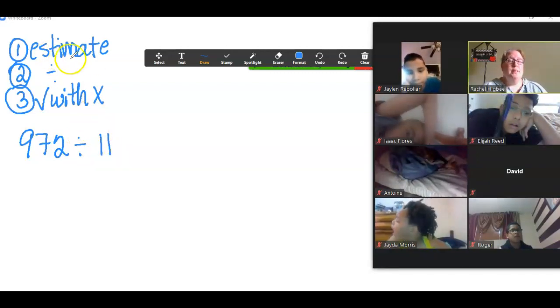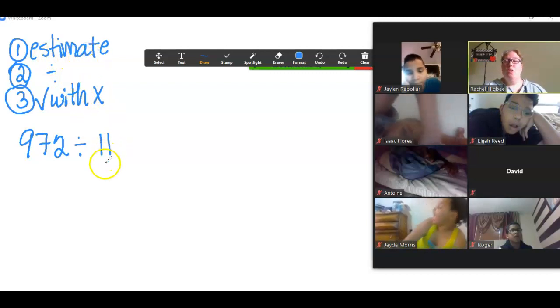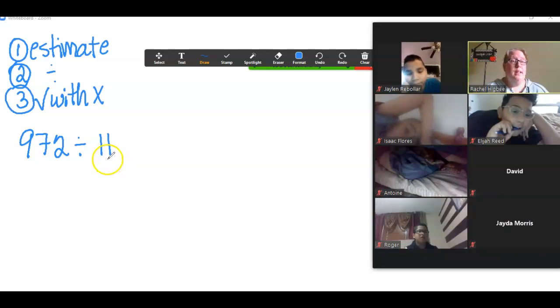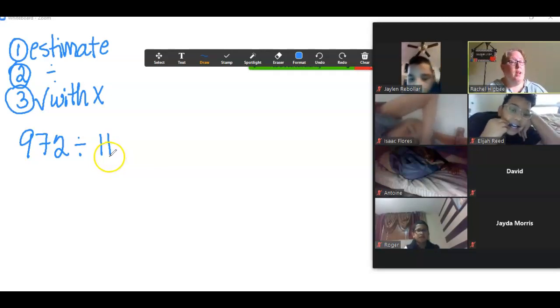So the first thing we want to do is estimate. Now, we have a choice here. 11 is on our multiplication chart. So if we want, we can keep the 11 or we can round it to 10. Which would you rather do?